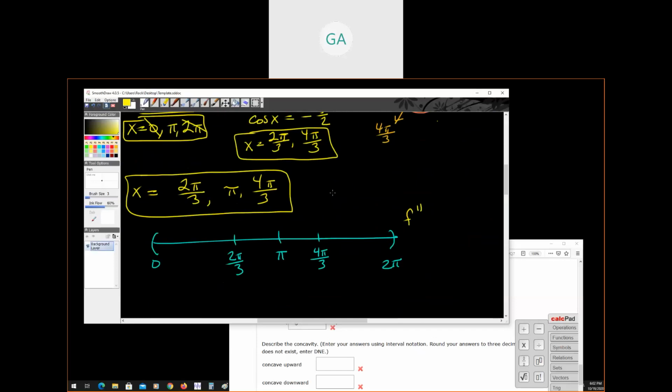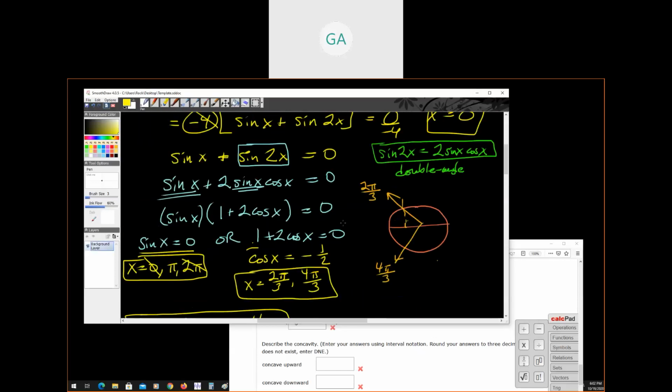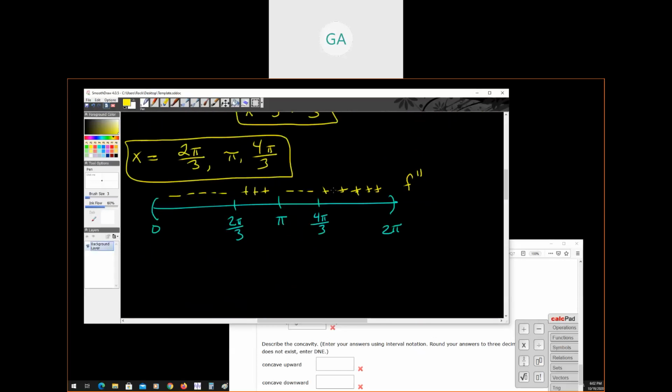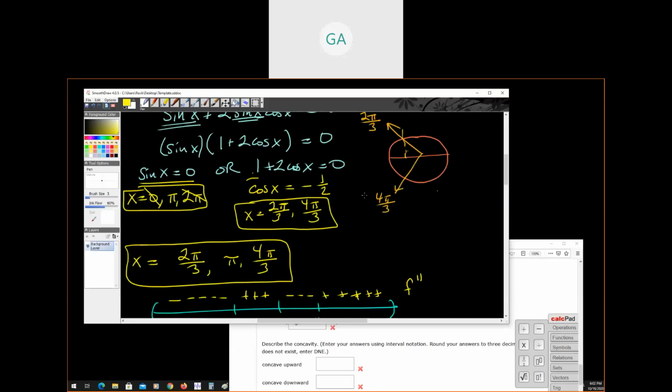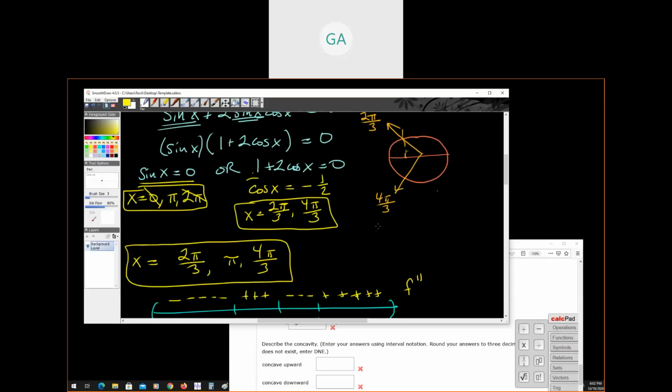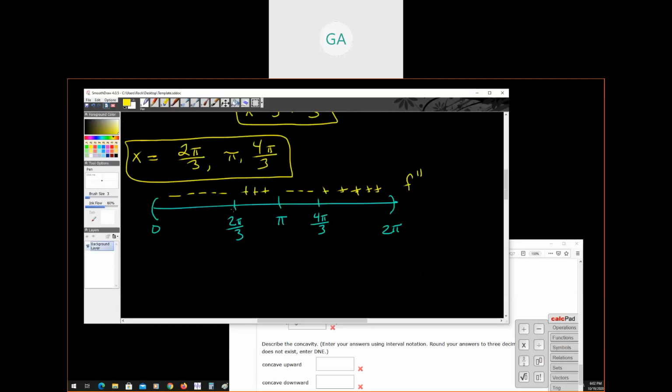I think it's negative here, positive here, and then negative, and then positive. Don't quote me on that, but generally speaking with sines and cosines, the signs tend to alternate. I'm pretty sure they alternate. So that means all 3 of these are inflection points.